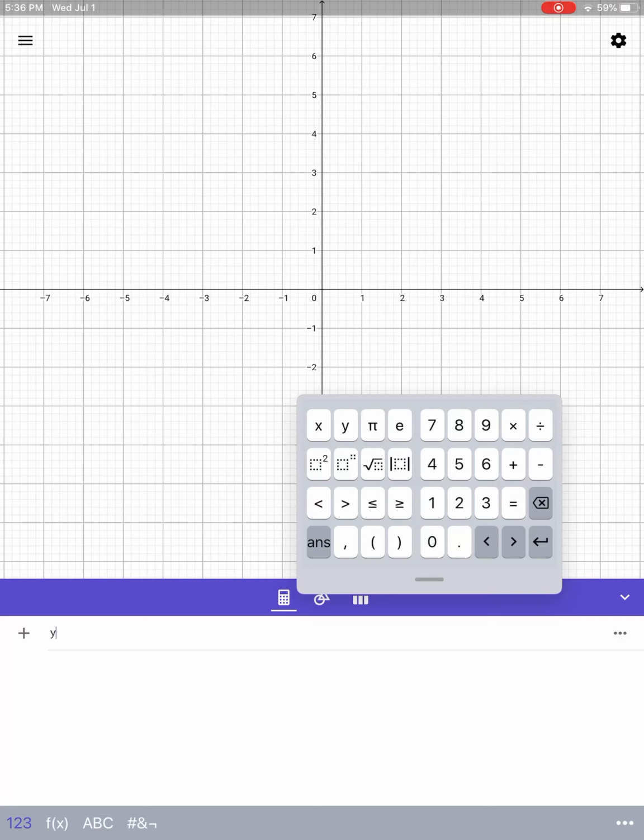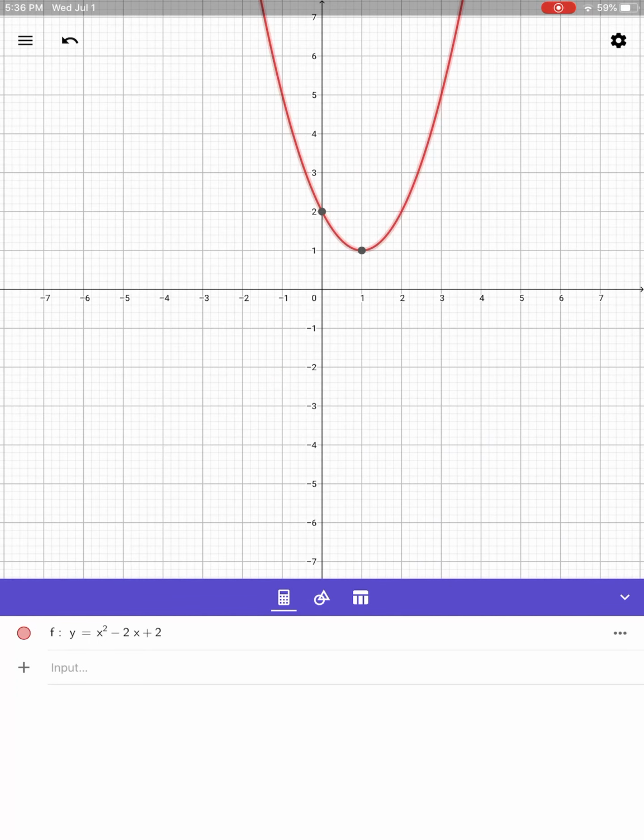So this will be y is equal to x square minus 2x plus 2. So this is a parabola, you can see that. So this is the graph.